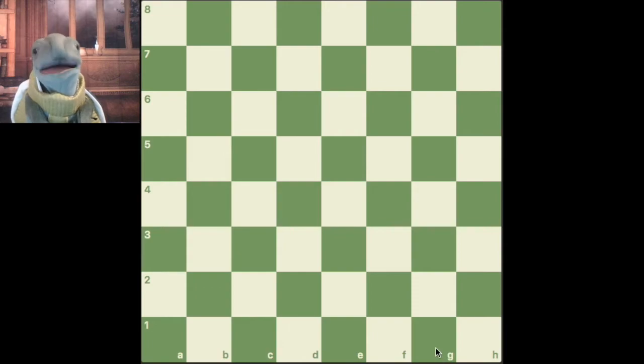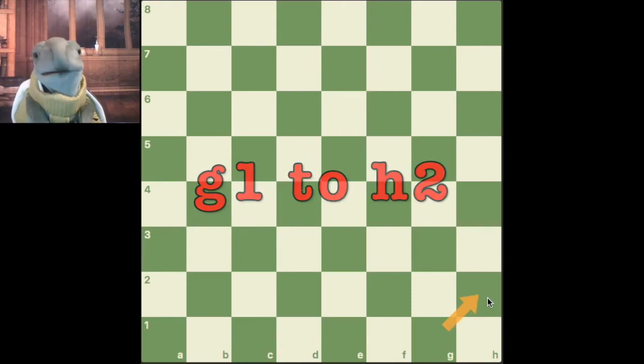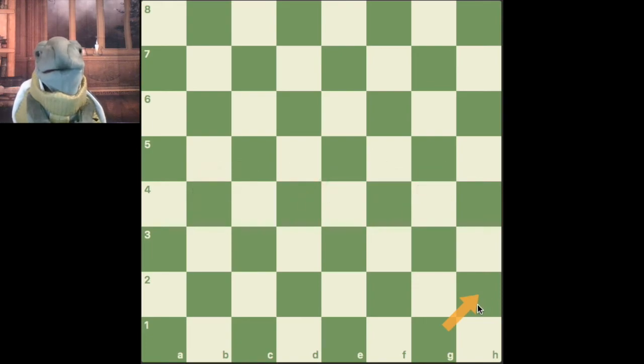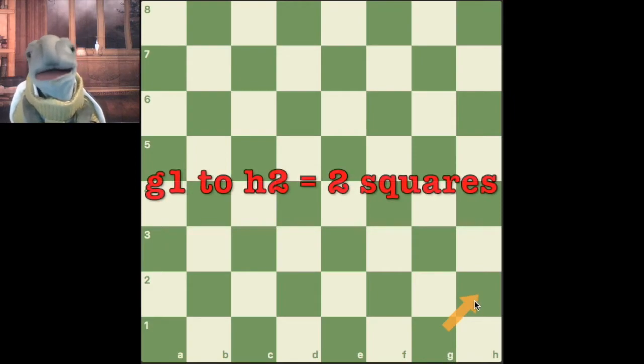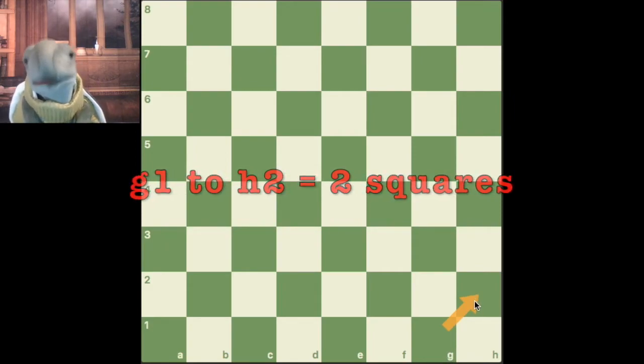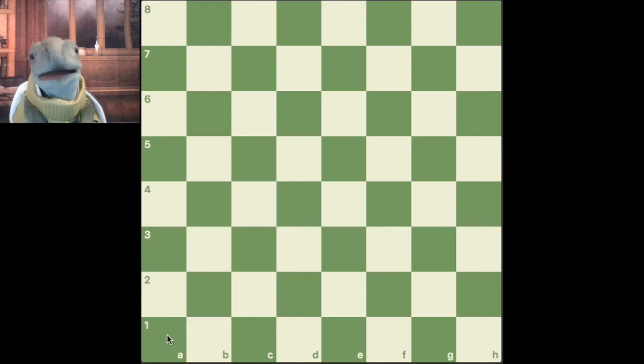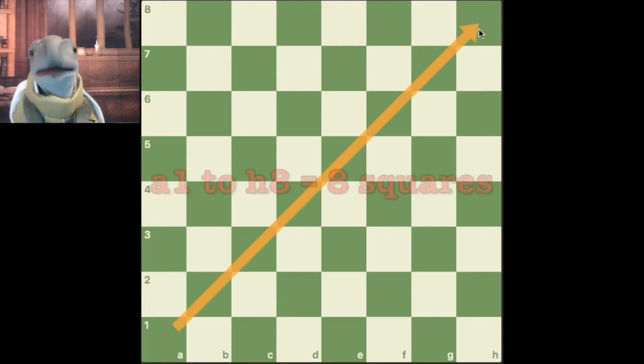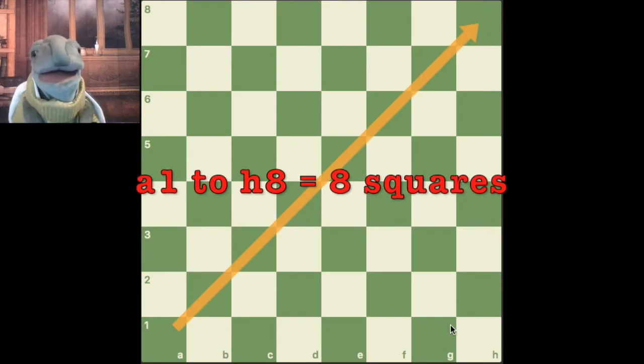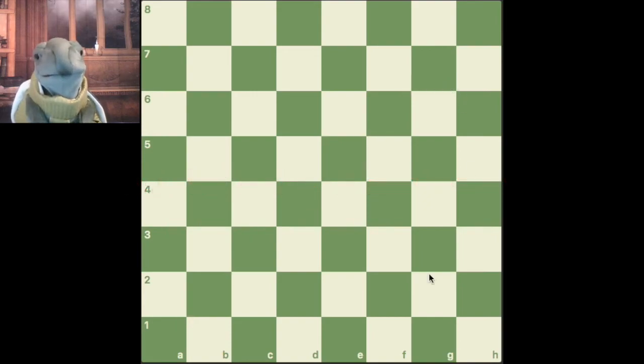For instance, this is the G1 to H2 diagonal. Unlike files and ranks, diagonals vary in the number of squares that are contained. For example, the G1 to H2 diagonal only has 2 squares, whereas the A1 to H8 diagonal has 8.